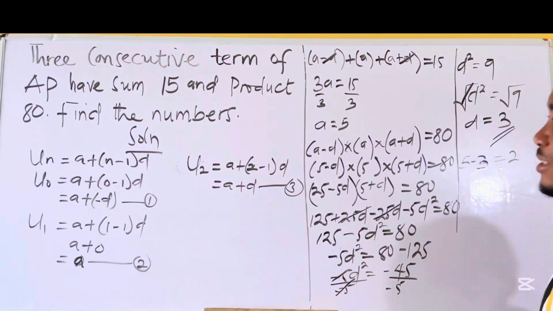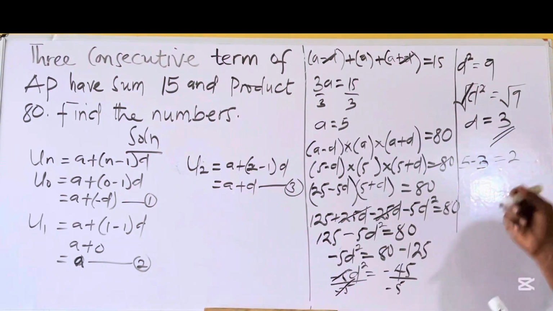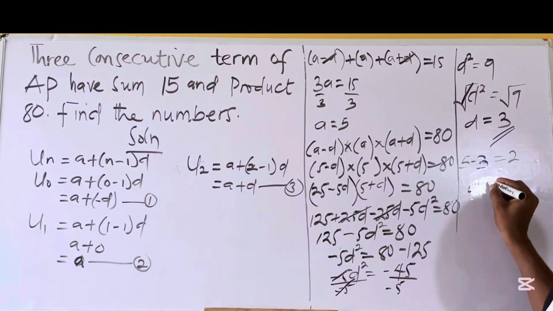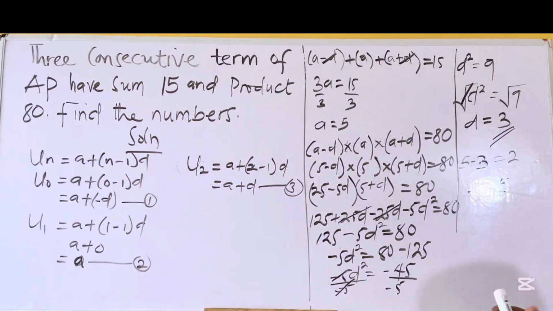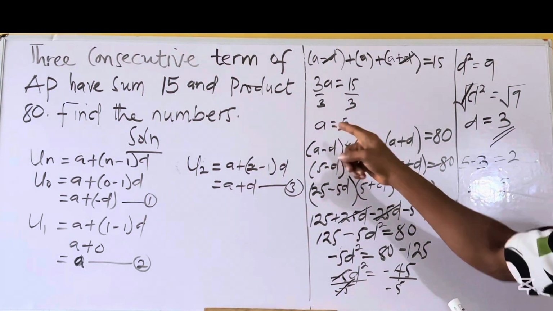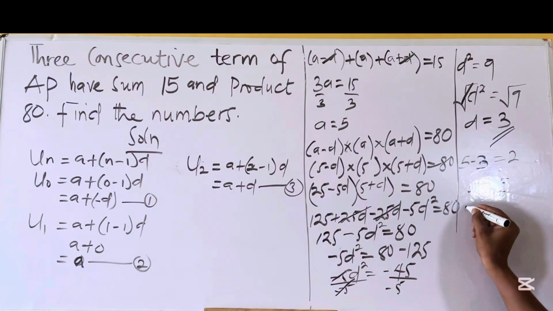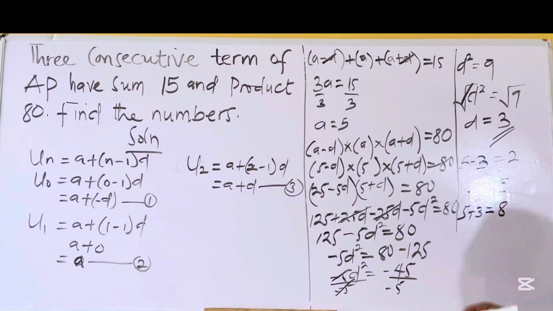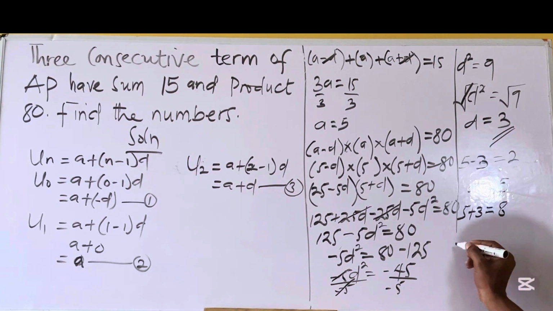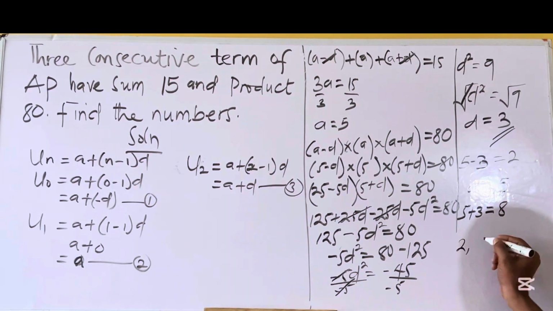Our second term, they said is a, and a is 5. So our second term is 5. Our third term, they said is a plus d, and we know a plus d is 5 plus 3, giving us 8. So the numbers we are looking for are 2, 5, 8.